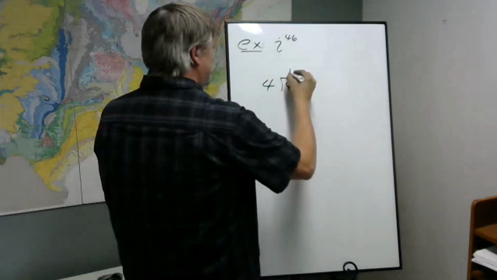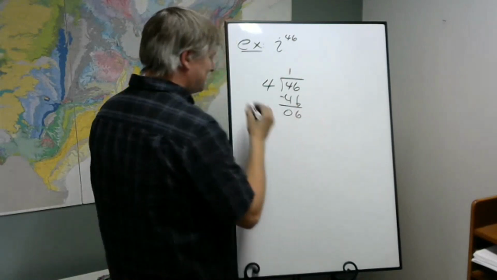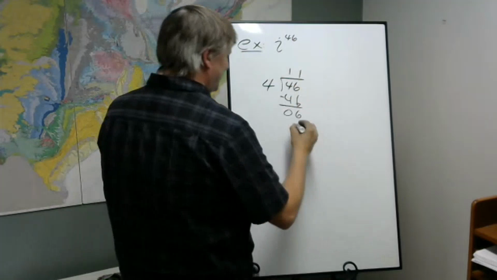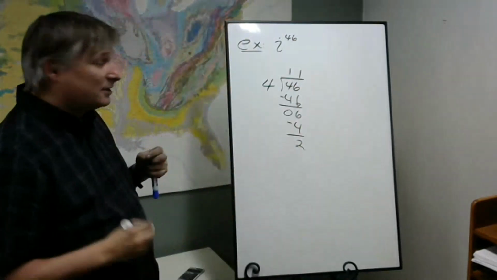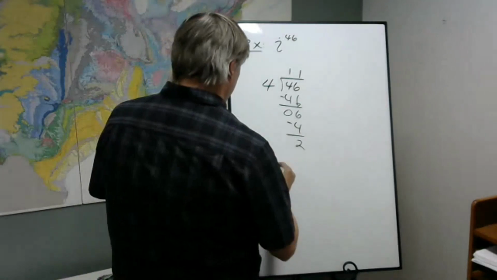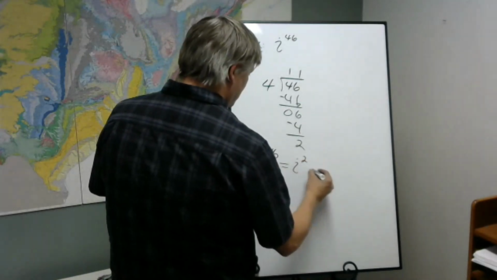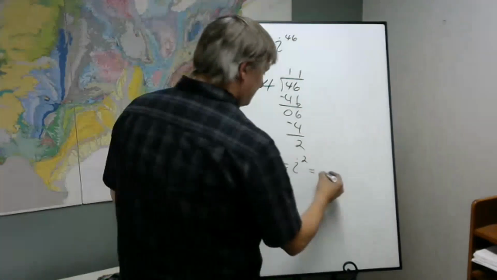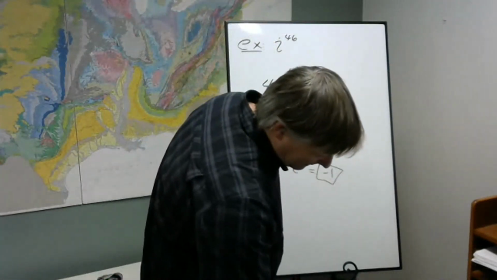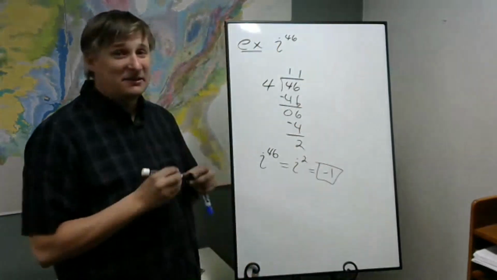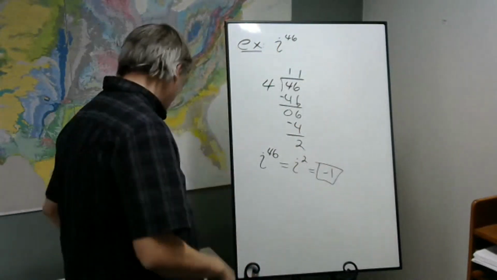So it goes in one times 4, subtract 0, bring down 6. One times 4, subtract is 2. So this means I to the 46 equals I to the 2, and I squared is -1. Let's double check real quick. Bingo.